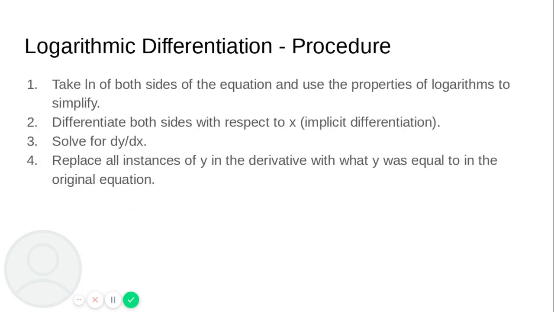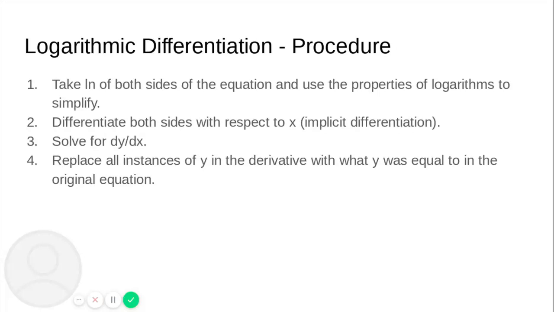All right, so a procedure for logarithmic differentiation is, first we take the ln of both sides, the natural logarithm of both sides, and use the properties of logarithms to simplify. I suppose you could take any logarithm with any base, but the natural logarithm works best, I find.